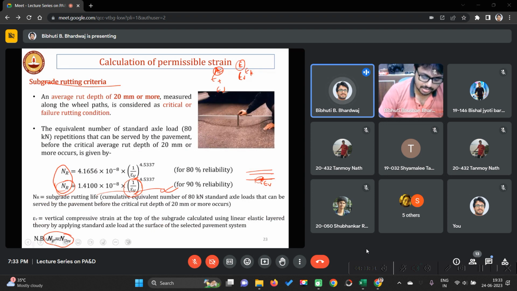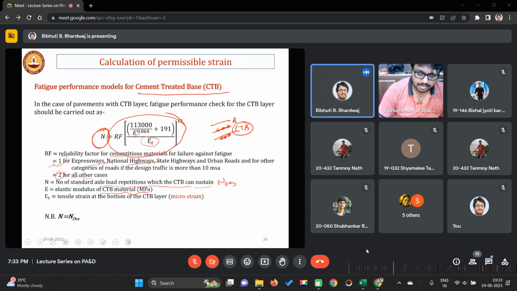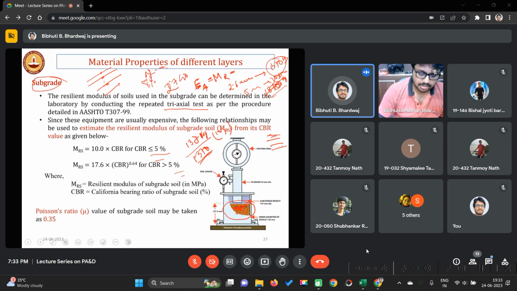That means epsilon V and epsilon 2 allowable you got, but you need to find out what is the permissible, sorry, that is not allowable, that is expected, but you need to find out what is allowable because of the material. All right, so for that we need to find out these strains using the software or the analytical techniques that we learned in our second module.